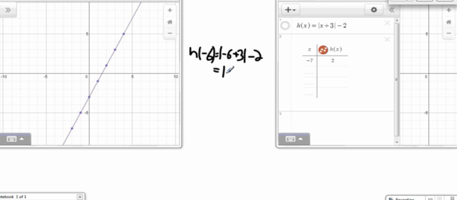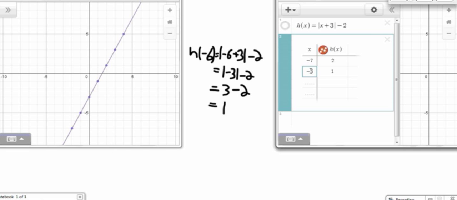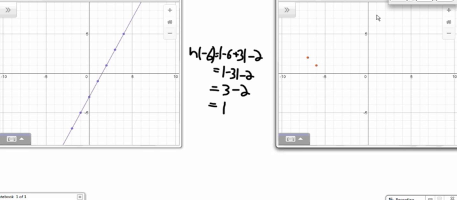So we have the absolute value of negative 3 minus 2. And absolute value means distance from 0. So negative 3 is 3 away from 0. So the absolute value of negative 3 is positive 3. So we have 3 minus 2, which, of course, is 1. Let's see if Desmos agrees. It does. And again, we can see that plotted point.